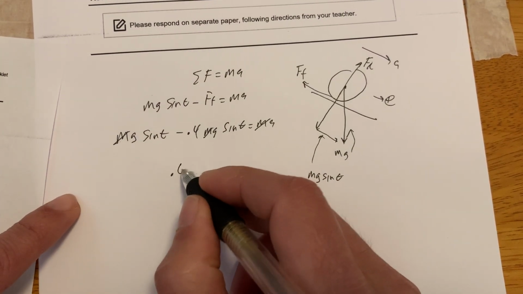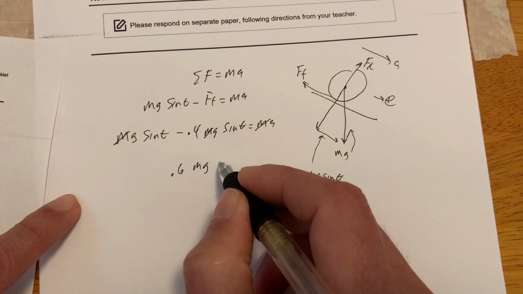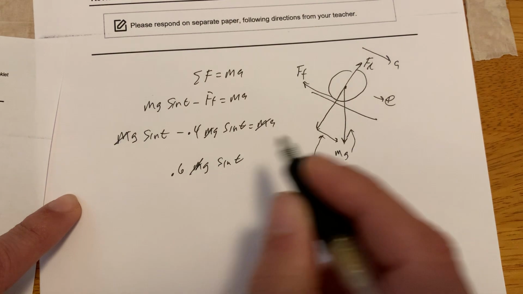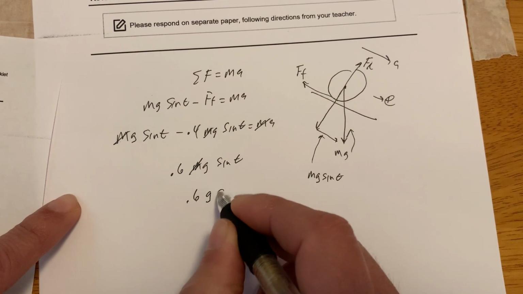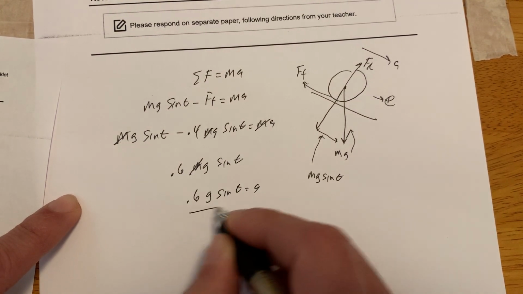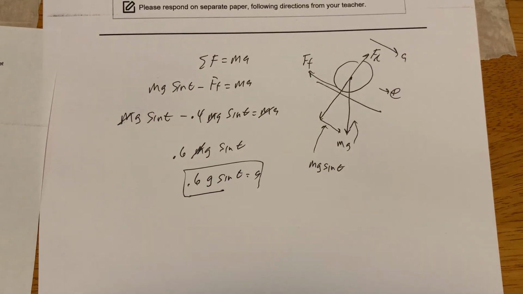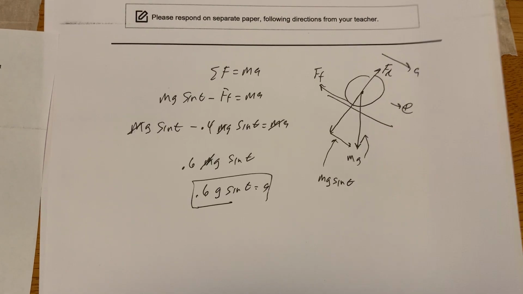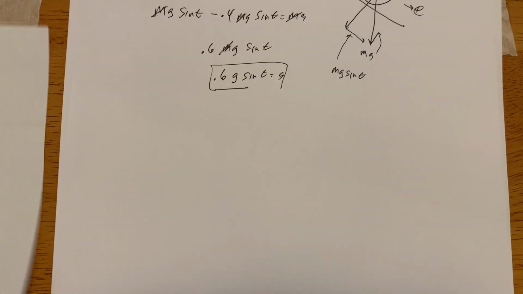So you're going to get 0.6 mg sine... no, I'm sorry, we canceled the m's already. So 0.6 g sine theta, that's my a. Okay, so here's my expression for the acceleration down that incline.